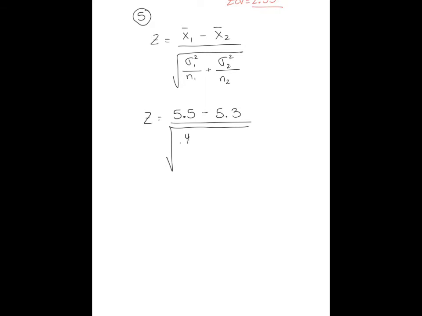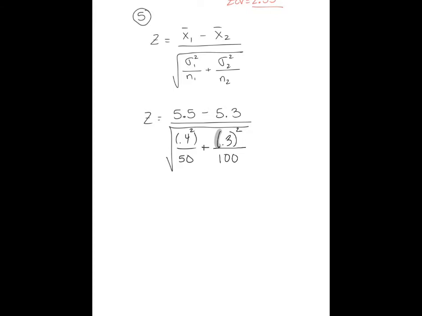So we have 0.4 squared over the sample size of the standard method, which is 50, plus 0.3 squared over 100.